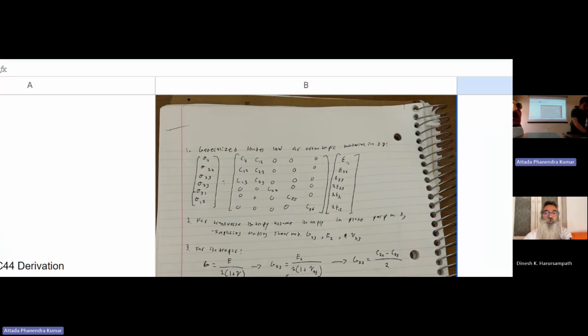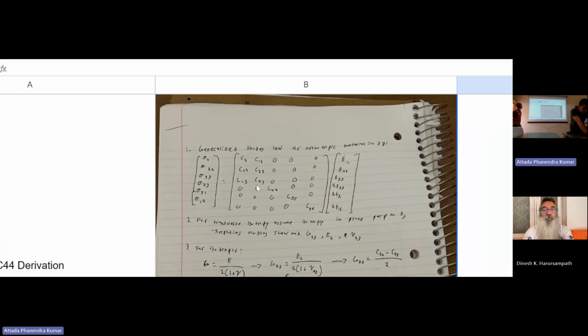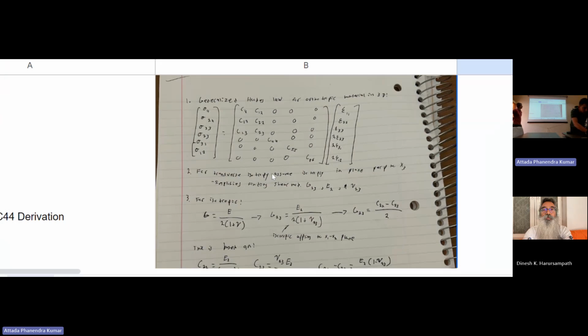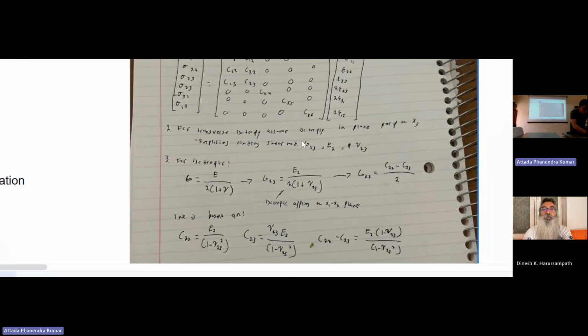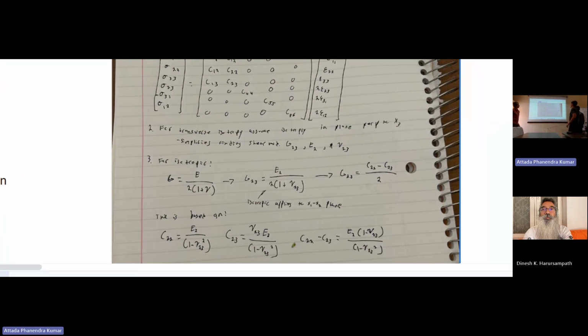And then for the transverse values, we can assume isotropy in the plane that's perpendicular to the x3 direction. This allows us to simplify finding the shear modulus as well as the value of G23, E2, and then the Poisson's ratio in the 2-3 direction, which are the foundational units for the rest of these equations.